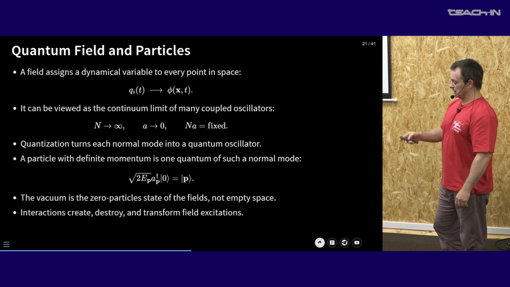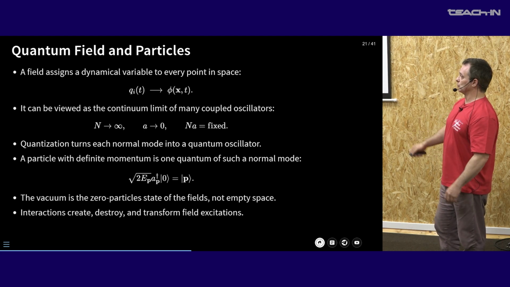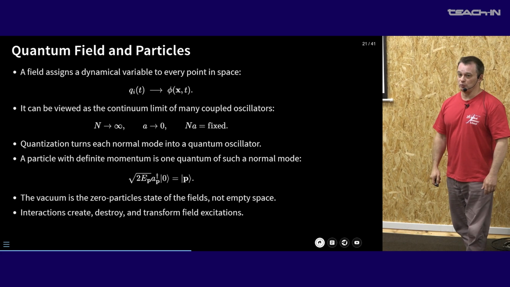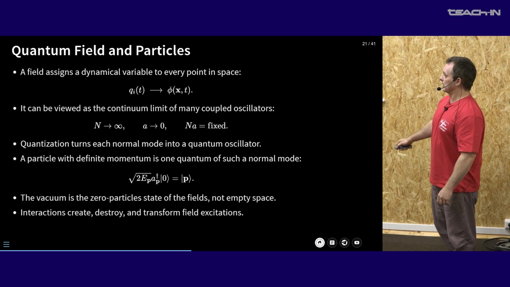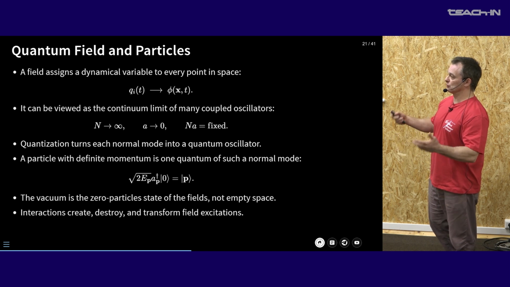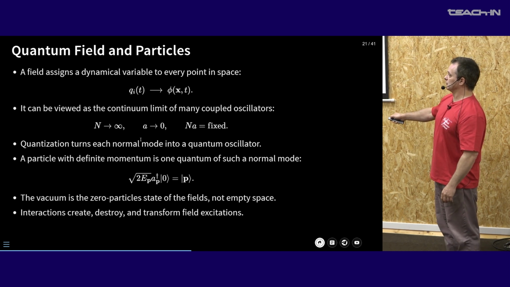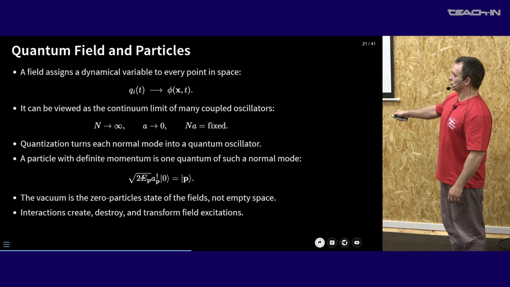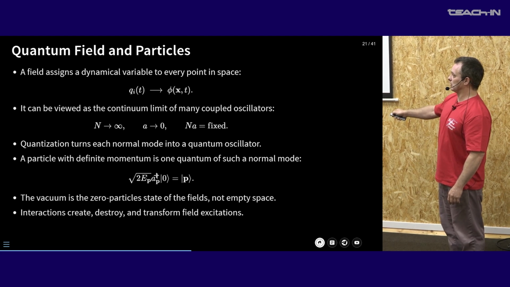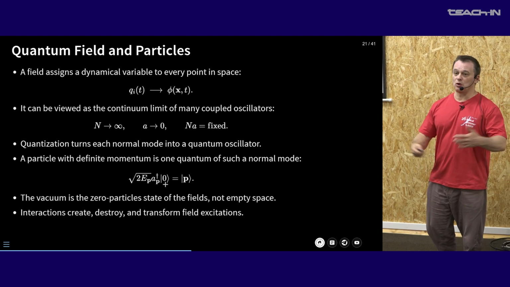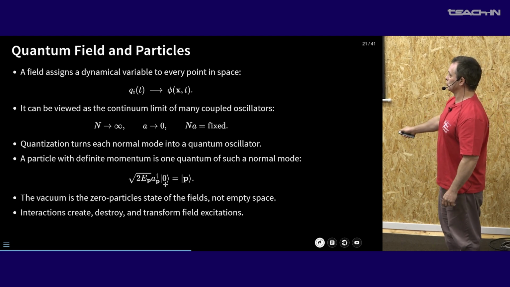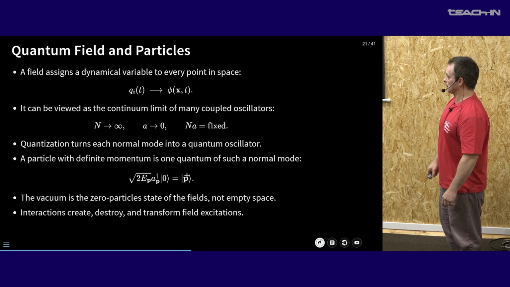And as I said, in the quantum world, you just quantize this field, which means that you introduce operators, creation and annihilation operators, and this way you produce a kind of a particle. For example, this definition here, square root of two energies multiplied by a creation operator acting on a vacuum state, the state with no particles, produces a particle with definite momentum.